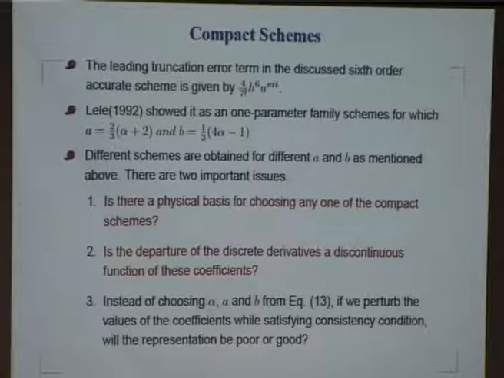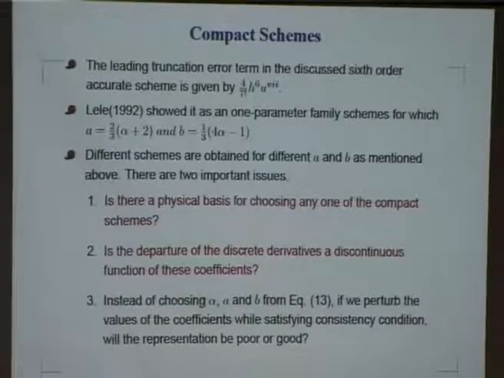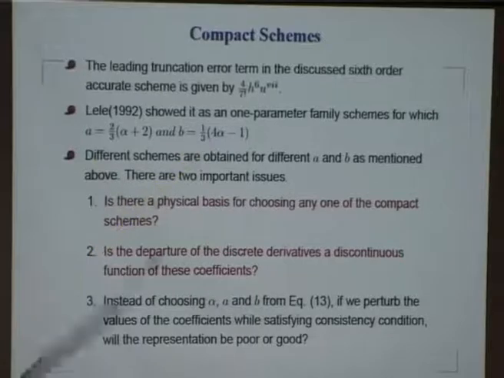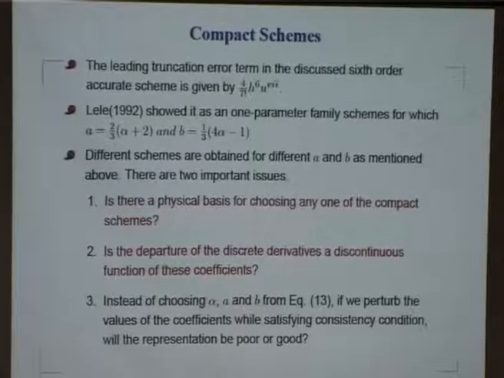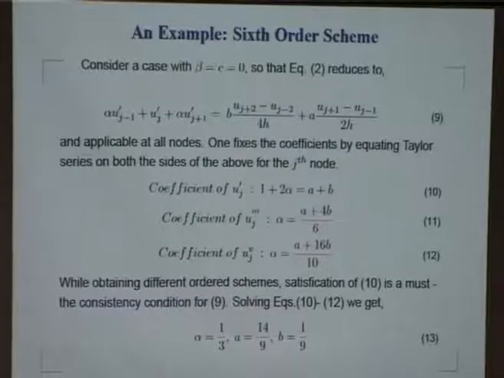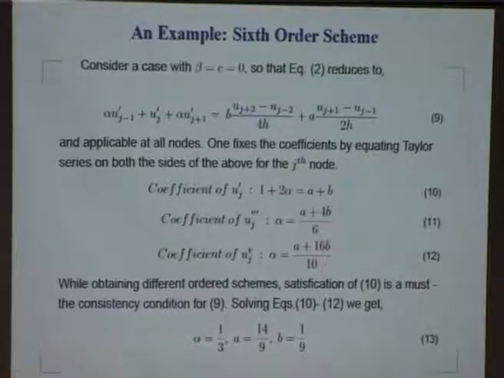Now, if I look at this, there are a couple of issues that come to the fore: how do we choose this value of alpha, let's say in this case here? We have seen that if we choose the value of alpha as 1/3, then of course we go to sixth order accuracy.